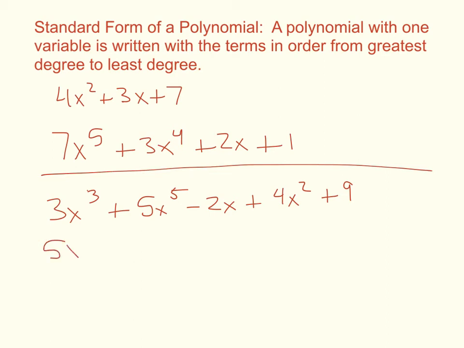Highest power is x to the fifth. And then we have an x cubed term. Then x squared. And then our x terms. And then our constant. So to rewrite that in standard form, we end up with 5x to the fifth plus 3x cubed plus 4x squared minus 2x plus 9.